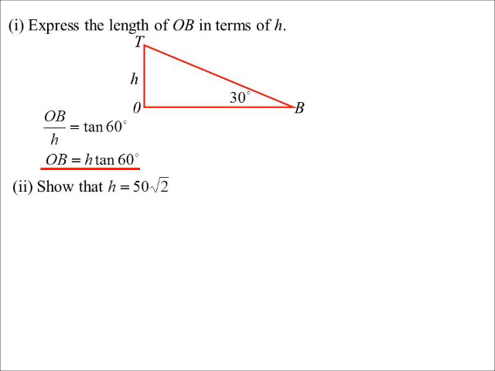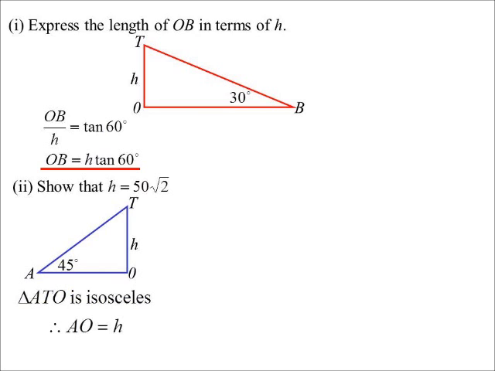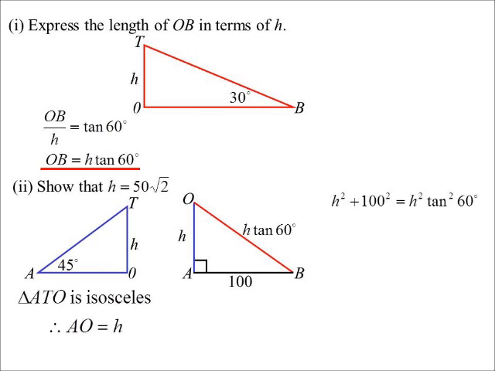Part 2, show that H is 50 root 2. Okay, if we have a look at the other triangle, there was our isosceles right angle triangle. So therefore AO is also H. And so we could go to our other triangle. Bit of Pythagoras, h squared plus 100 squared equals h squared tan squared 60.